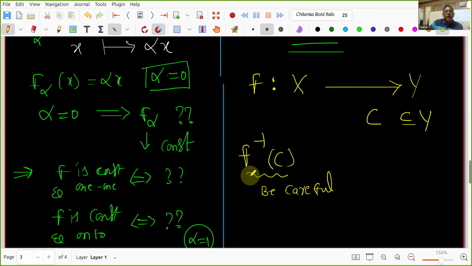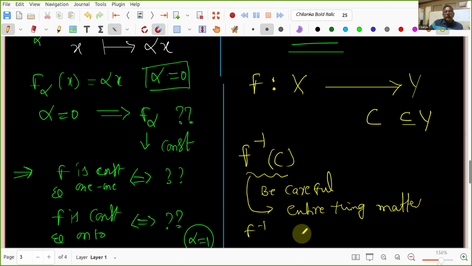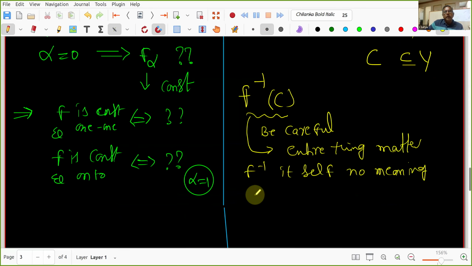So what is the meaning of being careful? Here the entire thing matters. f inverse by itself does not matter; it has no meaning by itself. It has meaning only when f is bijective.